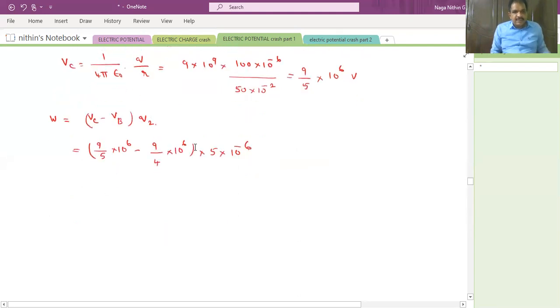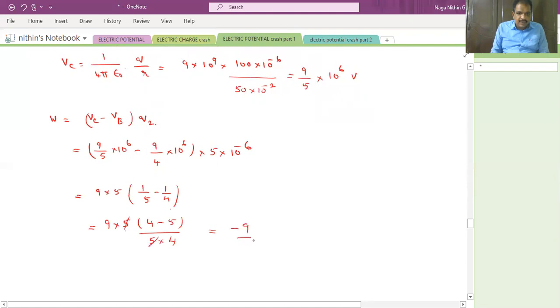Taking 10 power 6 common, 10 power minus 6 will cancel. Taking 9 also common, and 5 is also there: 1 by 5 minus 1 by 4. So 9 into 5 into 4 minus 5 by 5 into 4 LCM. 5 will cancel. So this will be minus 9 by 4 joules.